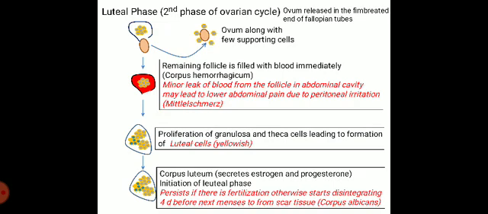The corpus luteum persists if there is fertilization, otherwise it starts disintegrating, and it is converted into the corpus albicans.